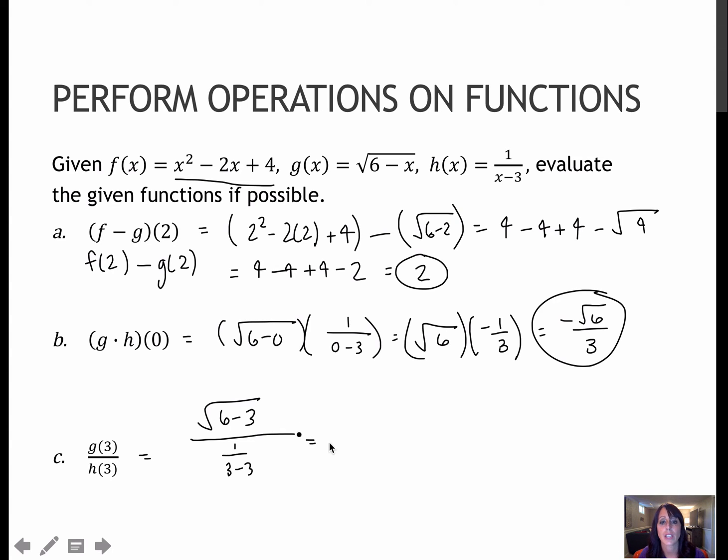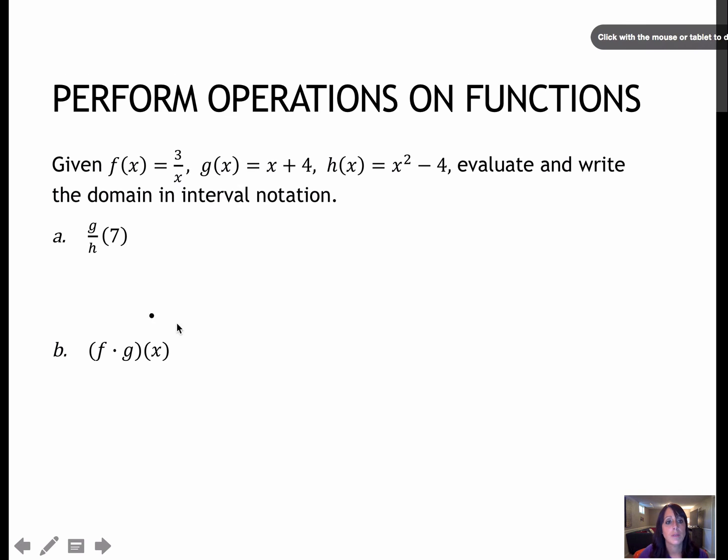So this is actually radical 6 minus 3, which is 3, times 3 minus 3 over 1. So it's not undefined because 3 minus 3 is 0, but I'm really just taking radical 3 times 0, because 0 over 1 is 0. So my answer is 0. Yes, it would be undefined with just this fraction, but because I'm dividing by that fraction, I multiplied by 0 over 1 instead.